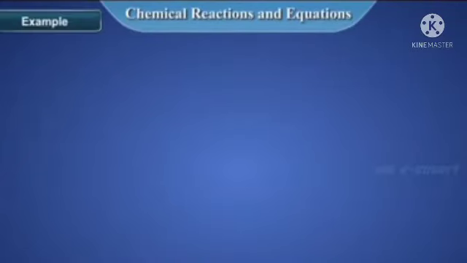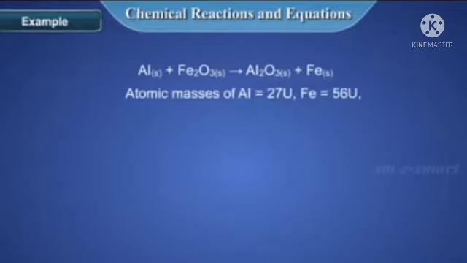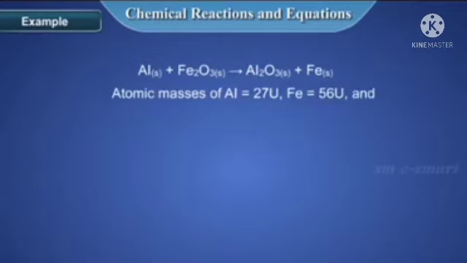Example, aluminium plus ferric oxide gives rise to aluminium oxide plus iron. Here we are taking the atomic masses of aluminium, 27 unified mass, that is the capital U, iron 56 unified mass, and oxygen 16.